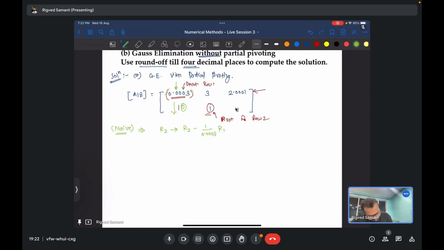So how we did it is R2 minus 1 divided by 0.0003 times R1. So this will become 0, and the rest will happen in that order.